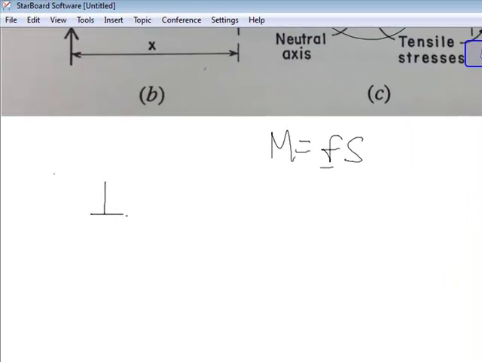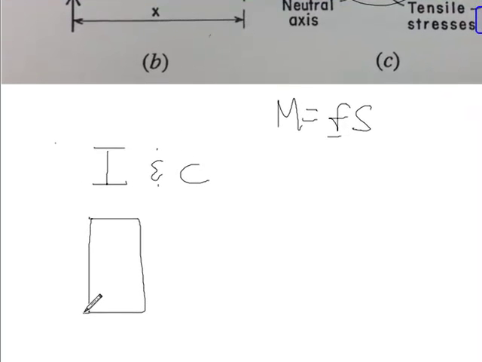You have both I and C, where those are the geometric qualities and quantities that are constants in any cross section of a beam. So if you have a beam, we'll just use a simple rectangle like that. It's got a height.